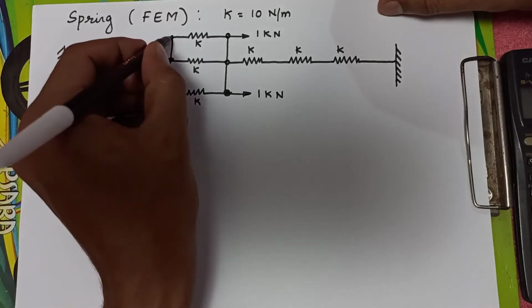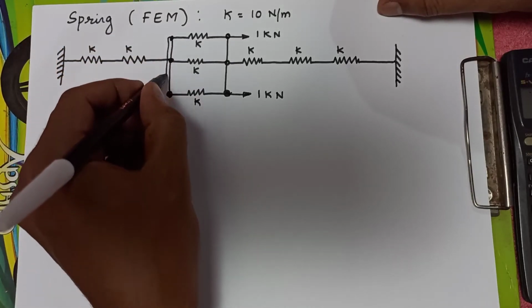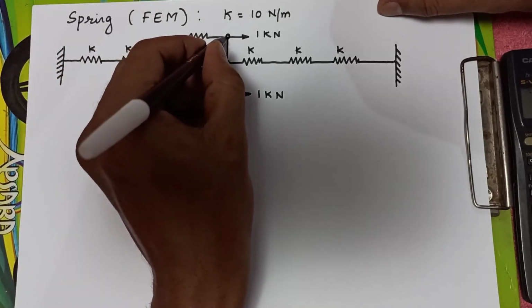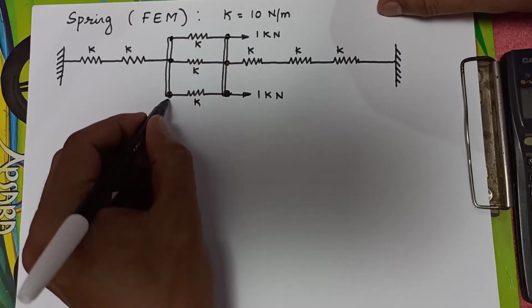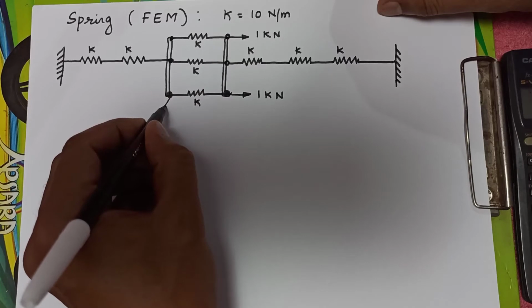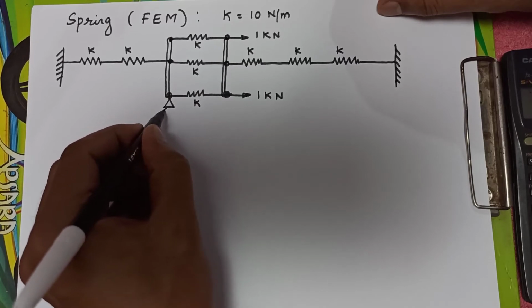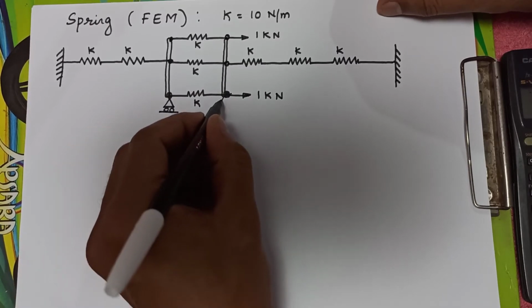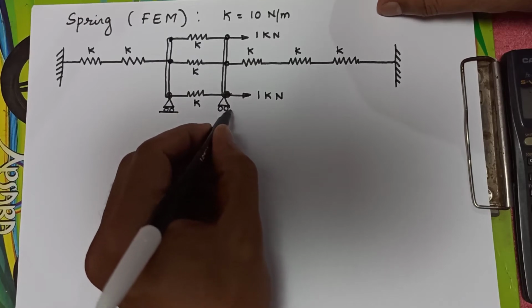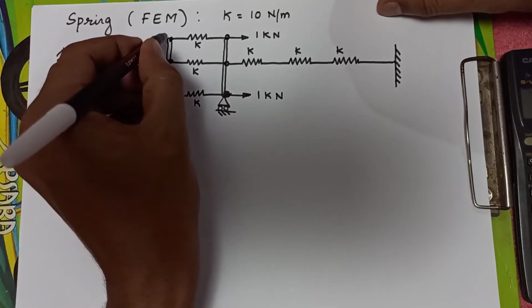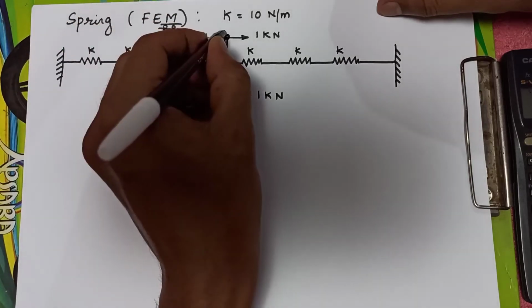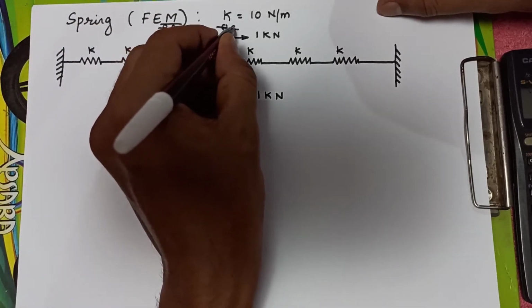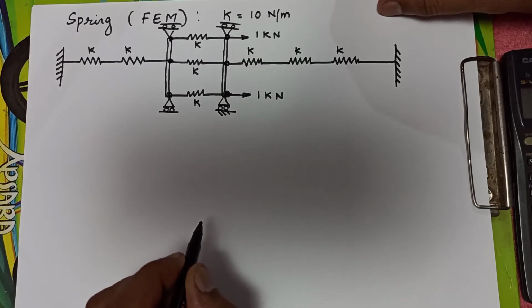Okay, and these two are the one bar element. Here there is one rod. So here we can fix this on roller supports. So these are supported on the roller supports and also at the top side. So they are roller supports.